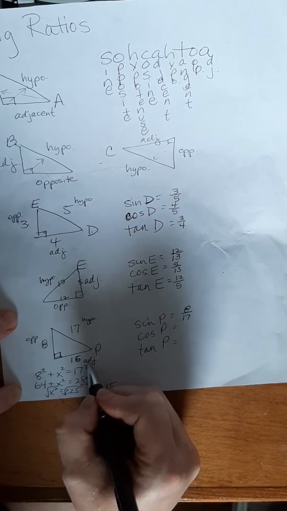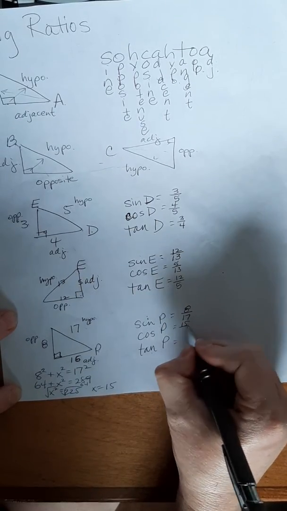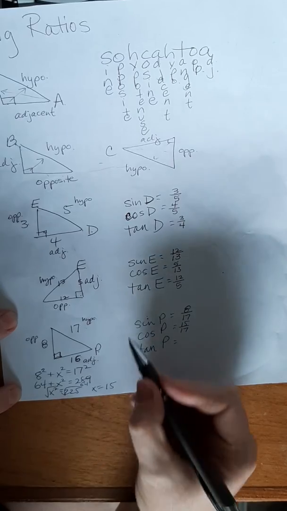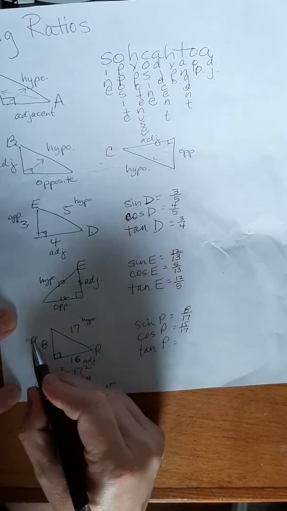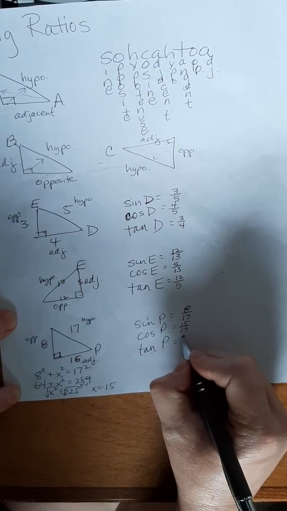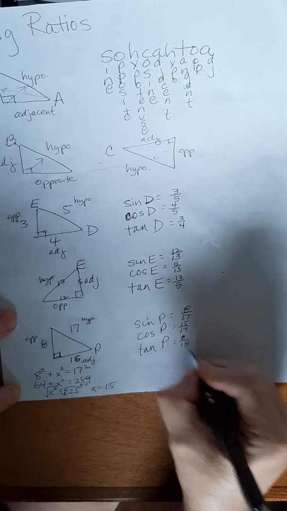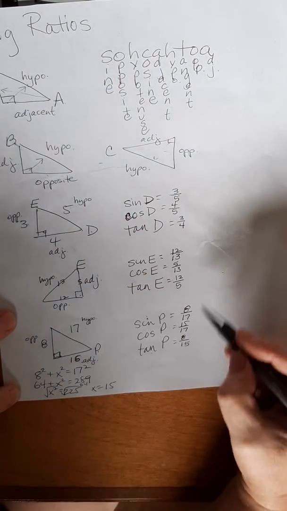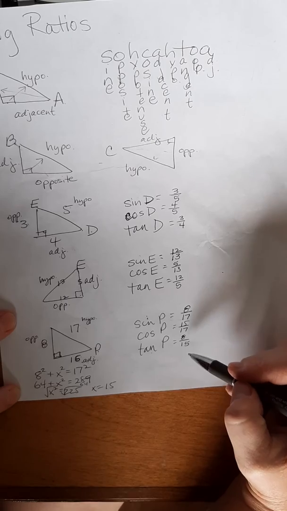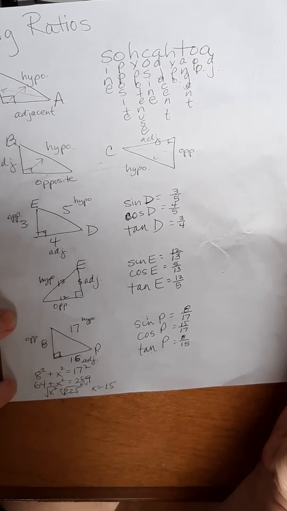Cosine, adjacent over hypotenuse, 15 over 17. And tangent, opposite over adjacent. And once you get here, you're done.